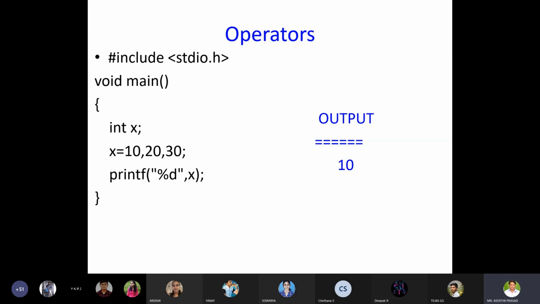See, you need to consider in this way. First, X is initialized with 30. Then it is overwritten with 20. Then 10. The last value assigned to X is 10. First 30 is stored in X, then 20, then 10, left to right. Am I clear? Yes, sir.